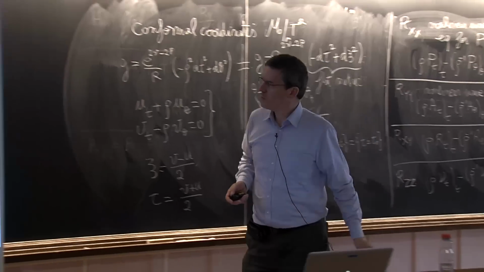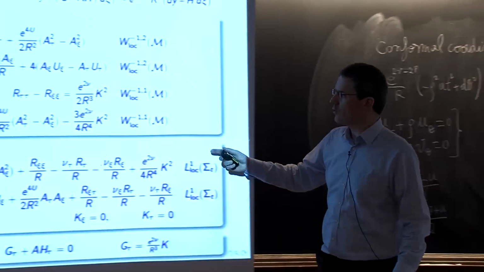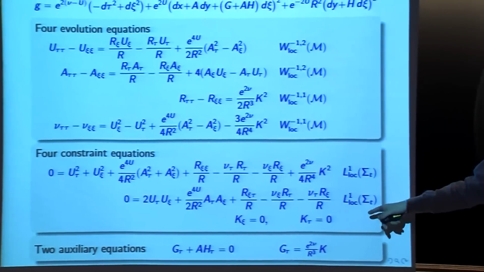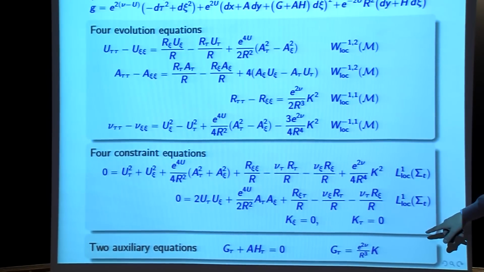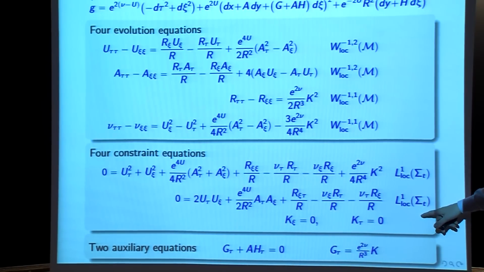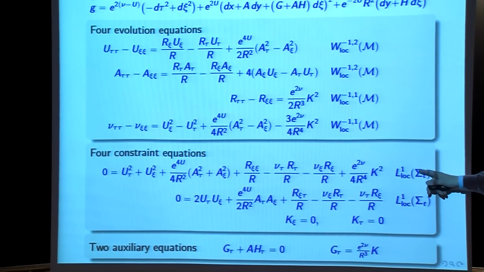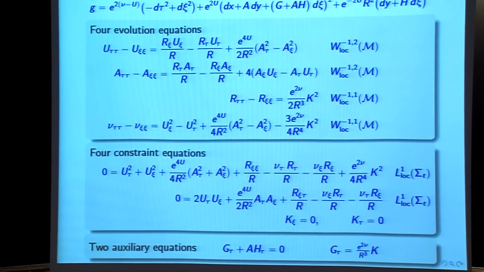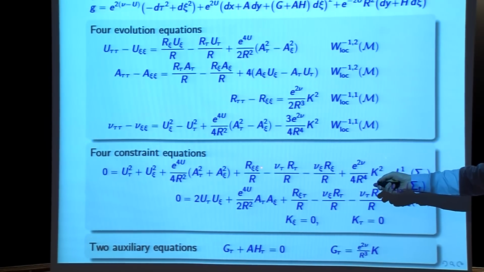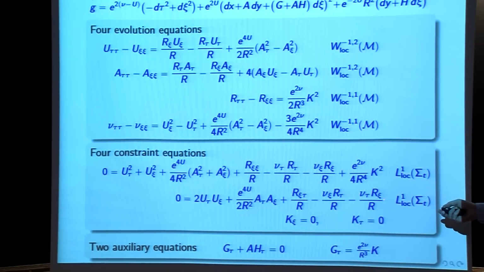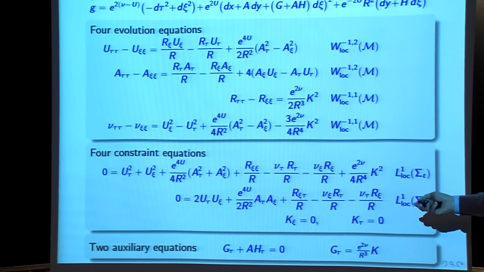Of course, if you want a full system, you cannot forget the constraints. There are 4 constraints. Two are rather easy, there are 2 auxiliary equations as well here. The 2 main constraints are these first 2 equations, which correspond to what I erased on the blackboard. There was this equation with r_psi psi, and there is here an equation with r_psi tau.